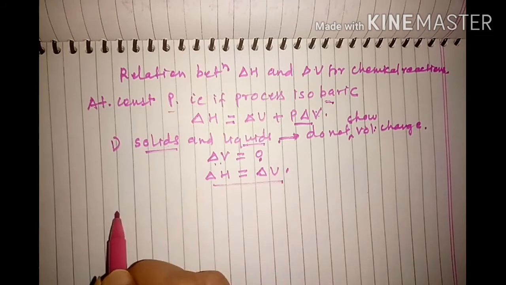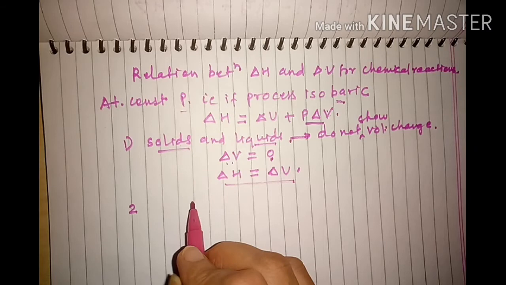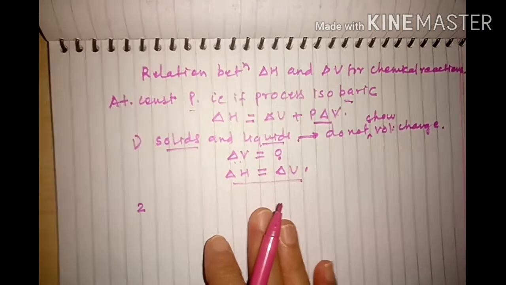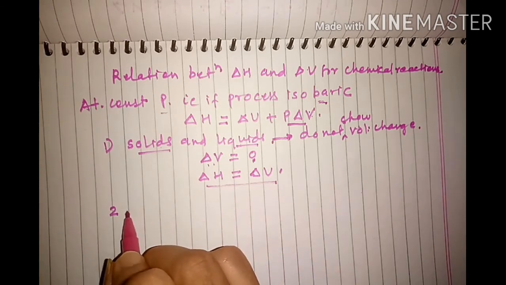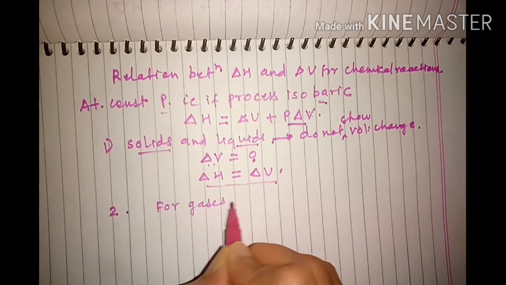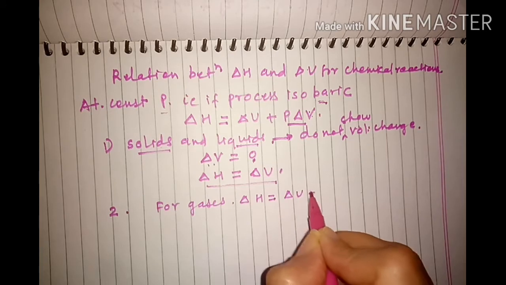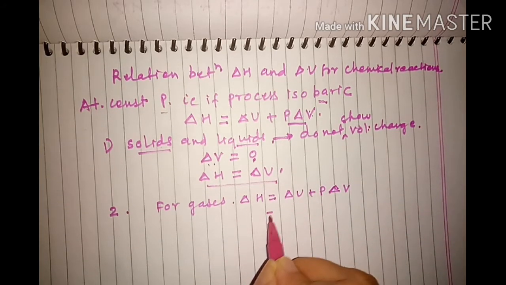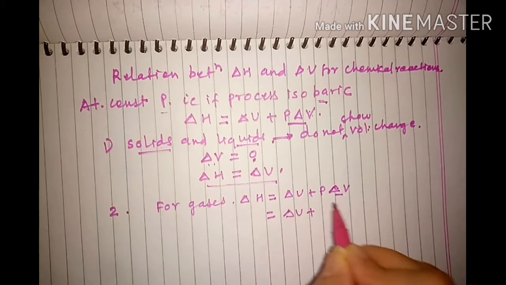Now for the second case, for reactions involving gases, delta V cannot be neglected here. You can't neglect delta V in gaseous conditions. So for gases, you will write delta H equals delta U plus P delta V. This is delta V, meaning change in the volume.